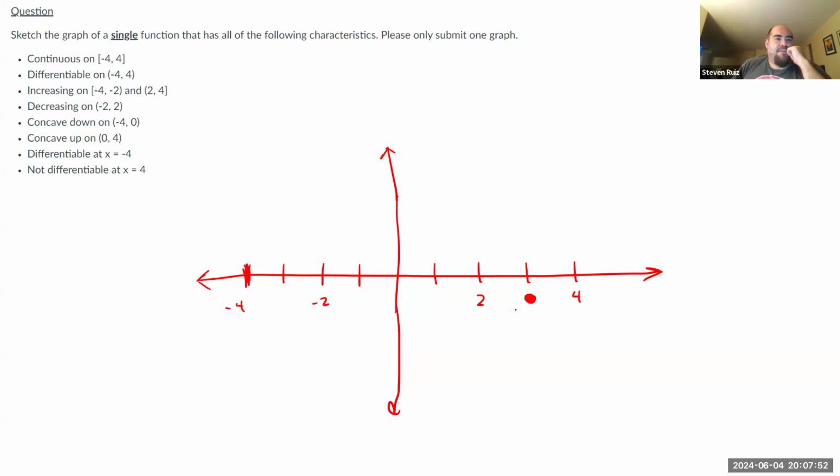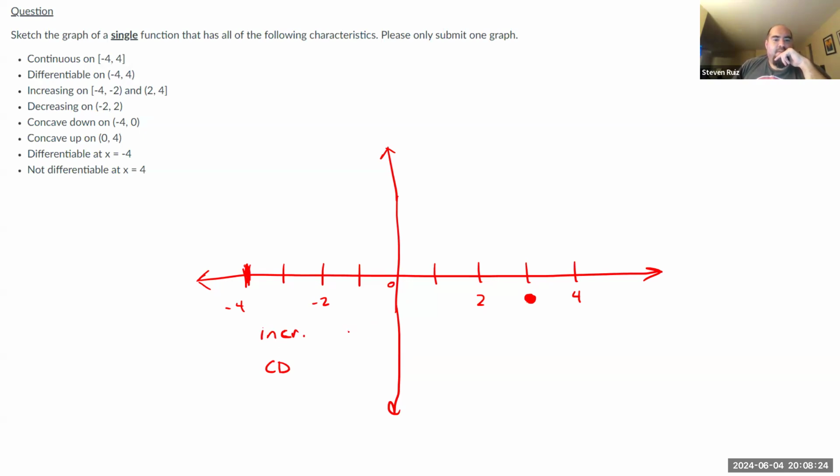Let's break this down into sections. What's happening between -4 and -2? We are increasing. And what's our concavity there? From -4 to 0, we're concave down everywhere. What does it look like between -2 and 0?